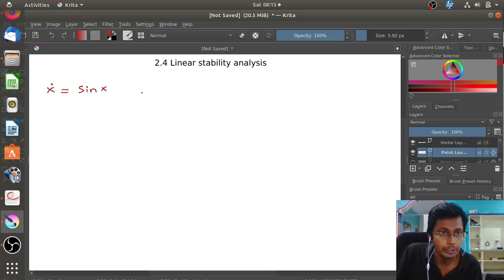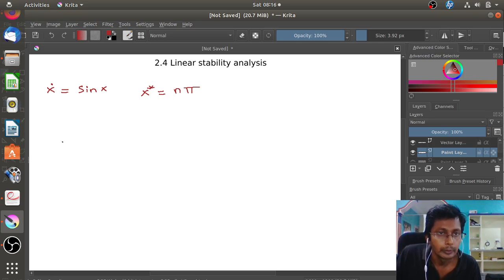The fixed points x star are equal to n pi, where n is an integer. So sin x will go to 0 at these points. Now in order to identify the stability, note that it doesn't have a single fixed point, it has a lot of fixed points.